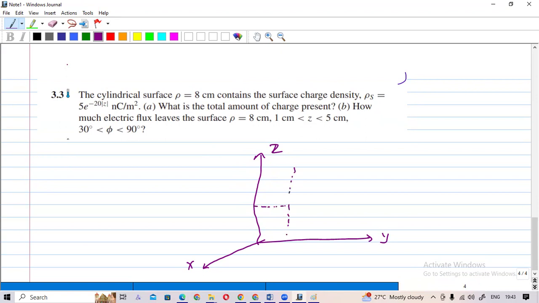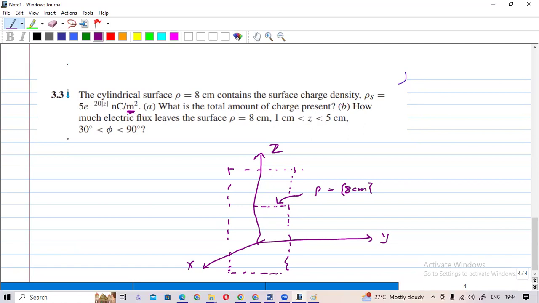The cylinder is like this. This is the surface. So rho is equal to 8 centimeter. This is in centimeter, so when you are doing this, you have to convert it to meter. Don't forget it.